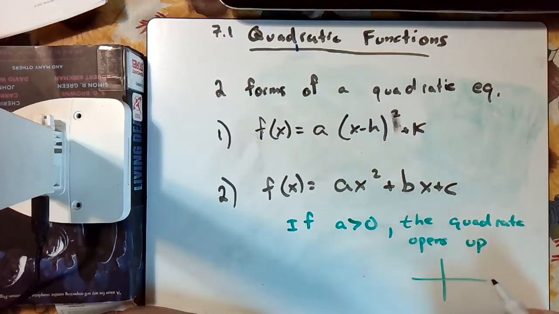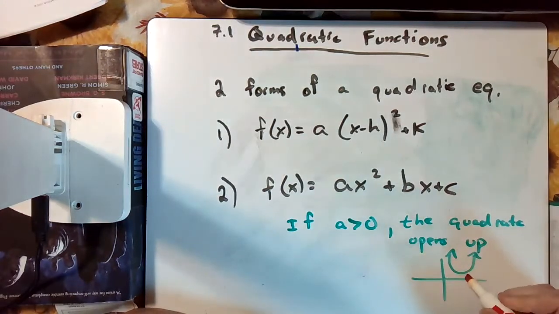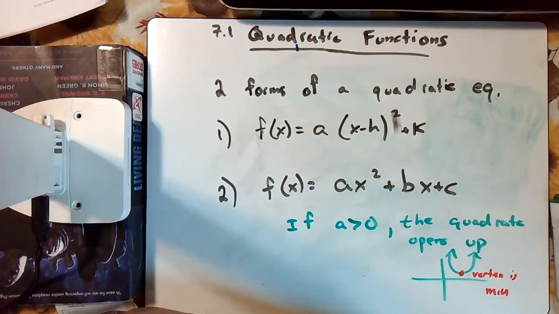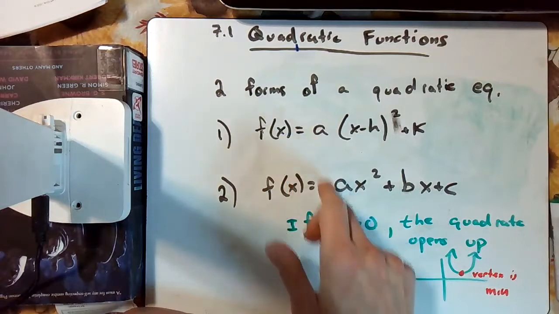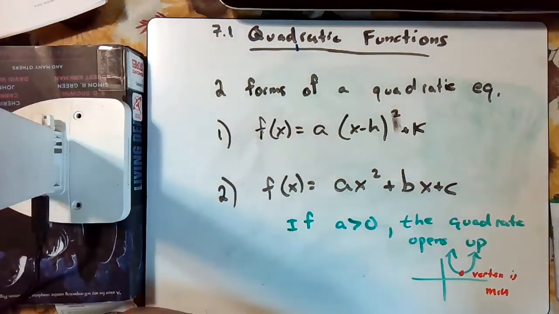So it would look something like this right here. Well, if it opens up, then what does our vertex have to be? The vertex is automatically a minimum point. And again, that applies to both equations, okay? So as long as a is positive, it opens up.